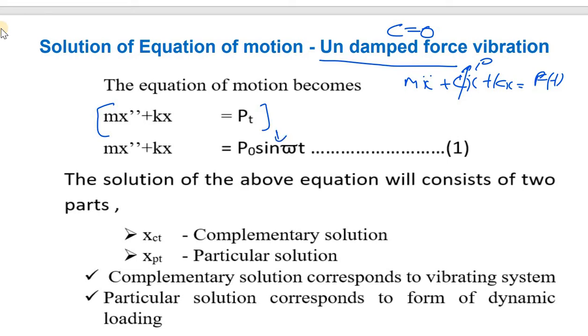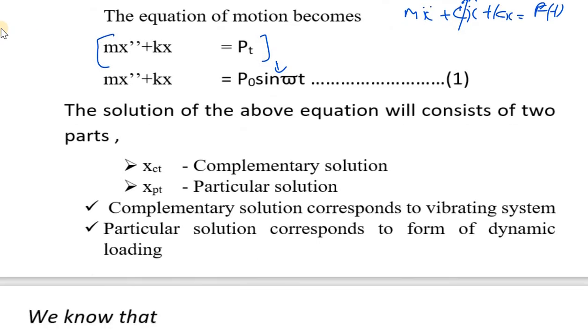In the case of the solution, earlier we studied that the general solution will be x is equal to A e raised to lambda t, or e raised to s t. Then we found out s, then we found out x. That is the case of free vibration, but now we are going to study forced vibration.